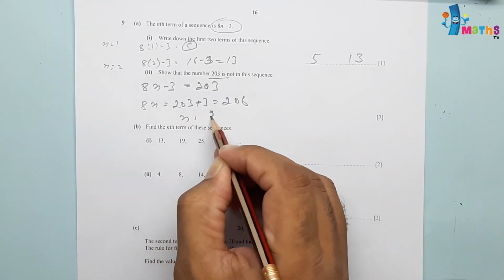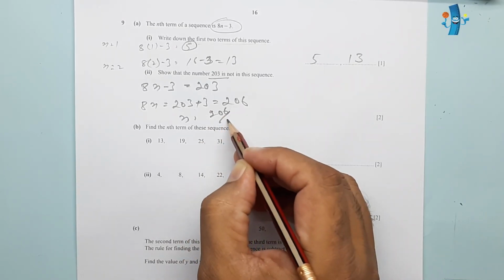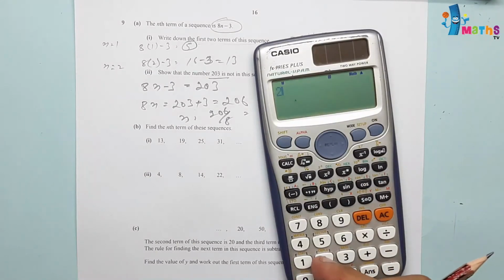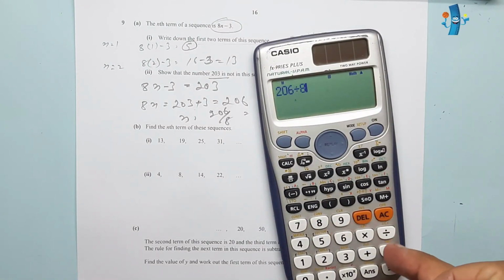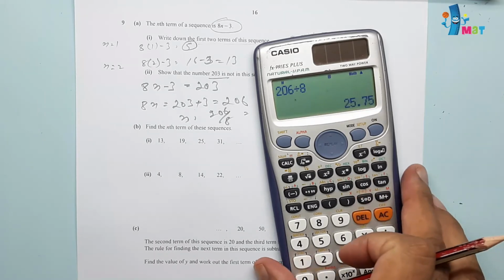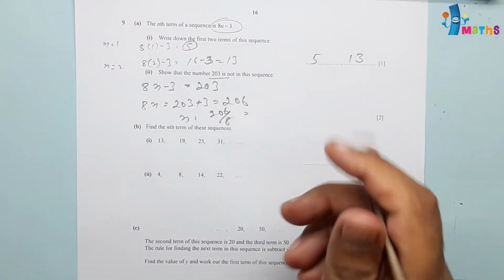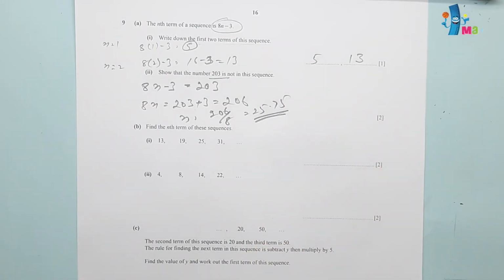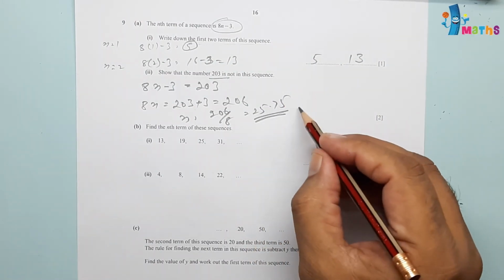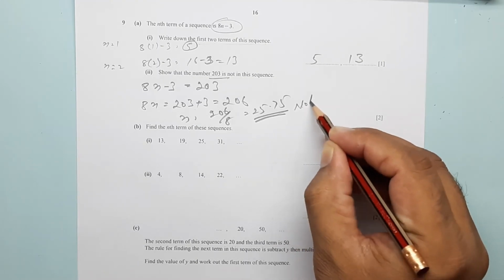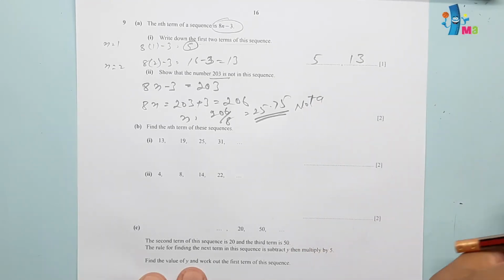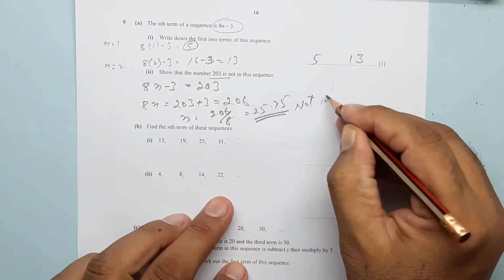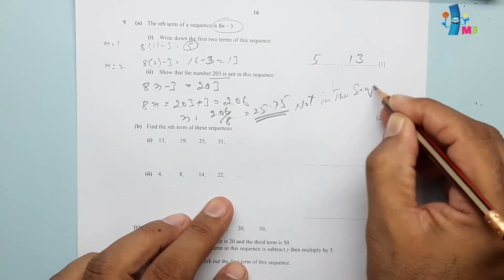So n is equal to 206 divided by 8, and if we calculate, 206 divided by 8 will be equal to 25.75. It means this is not in the sequence, so you can write here: not in the sequence.